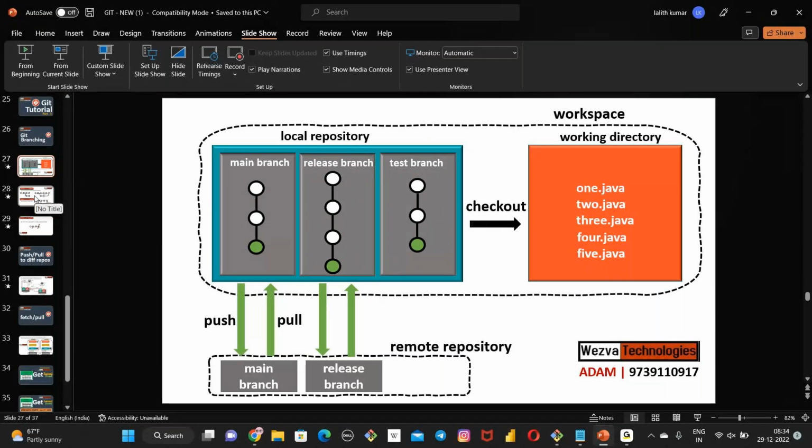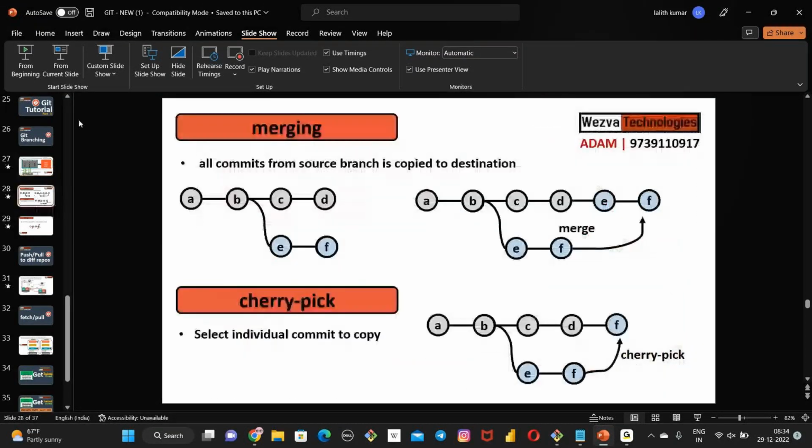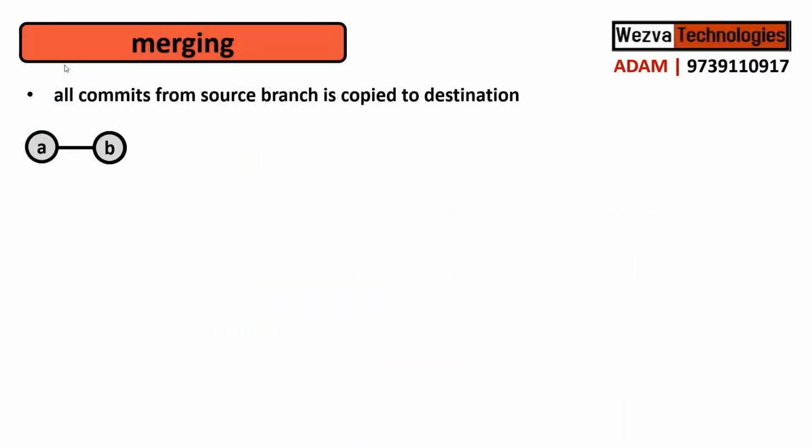Now let's understand the next concept. This is where I told you, when you try to create a branch, what happens? You always have to create a branch from another branch, right? Because for creating a new branch, you need a source branch.